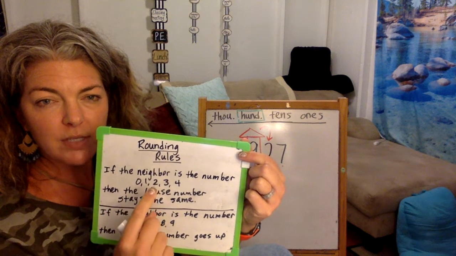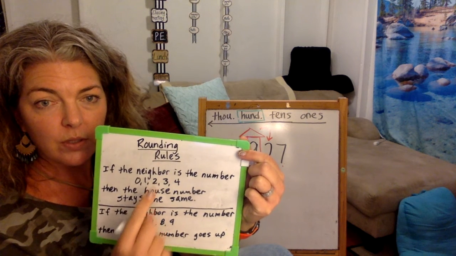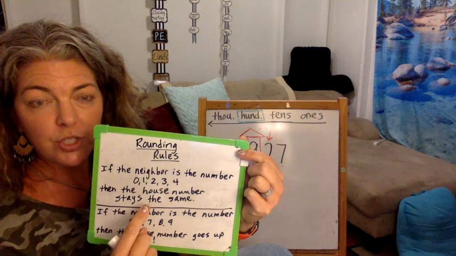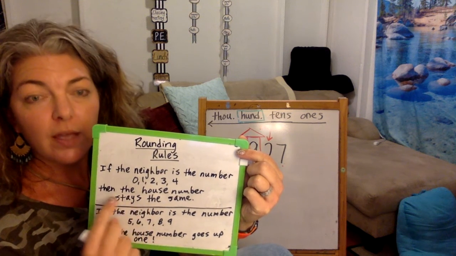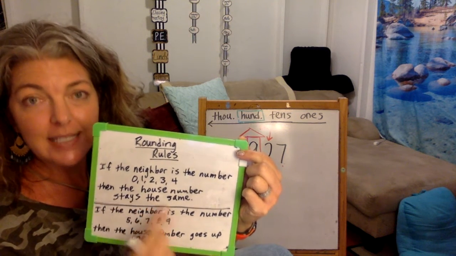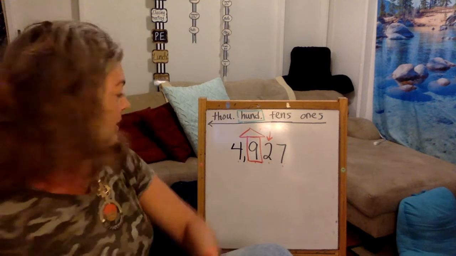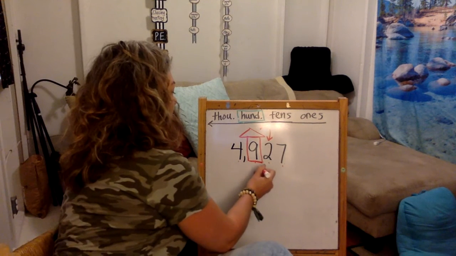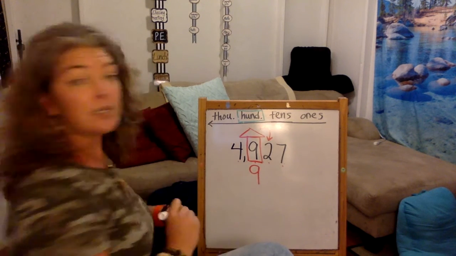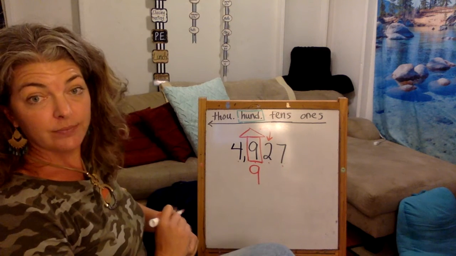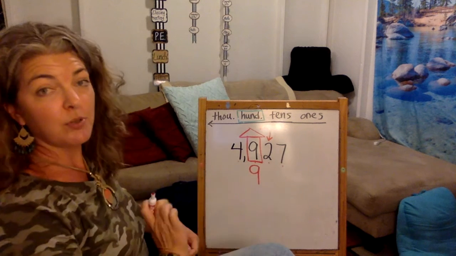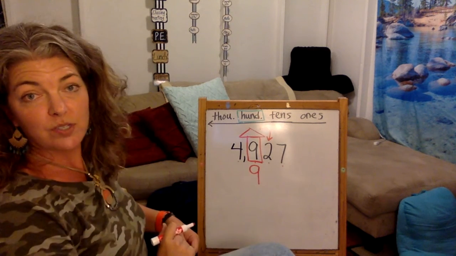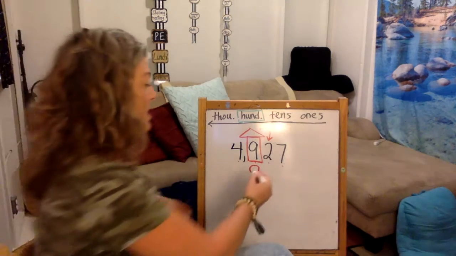If the neighbor is a number 2, what does my rule tell me to do? The house number stays the same. Keep it the same. It stays a 9. We've talked to the neighbors. We've done what they've told us to do. We don't need them anymore.